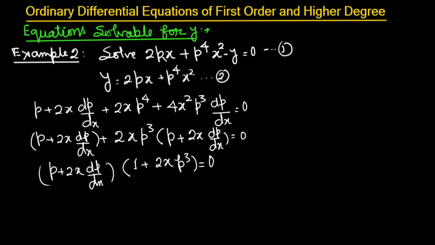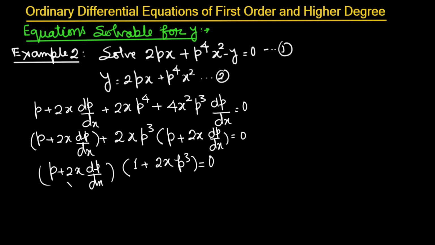Now, as we need the general solution of the given equation, we will consider the first factor and equate it to 0, and solve it for p in terms of x. The second factor does not involve dp over dx, and it will give us a singular solution. So right now we are interested only in the general solution.